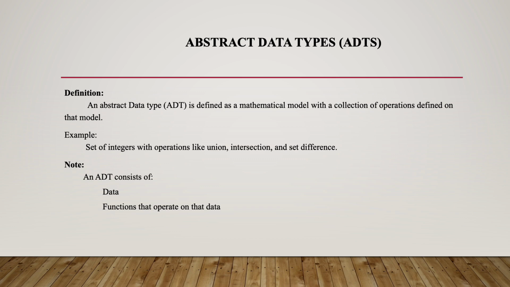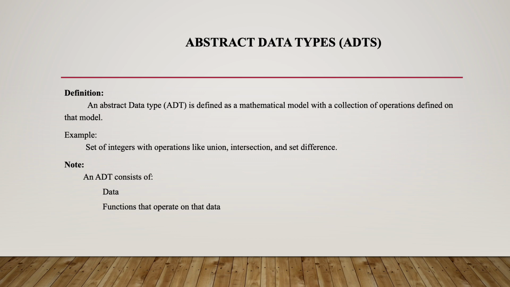For example, think about a set ADT which can store a collection of integers, and let us perform operations like finding the union of two sets or the intersection between them.